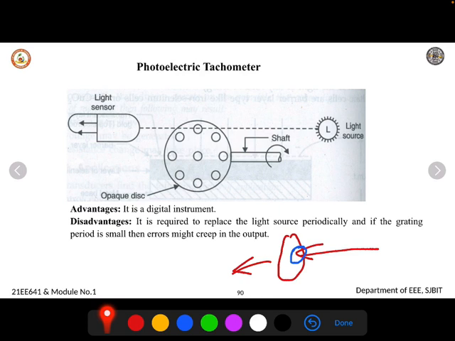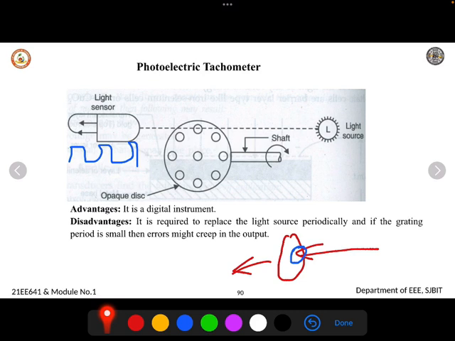At every instant, whenever the light falls on the light sensor through a hole, it produces a pulse. These pulses will be equivalent to the number of revolutions. This is how the photoelectric tachometer is used to determine the speed of a rotating device.